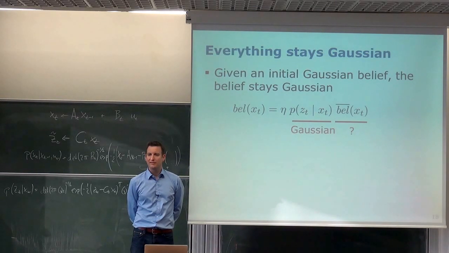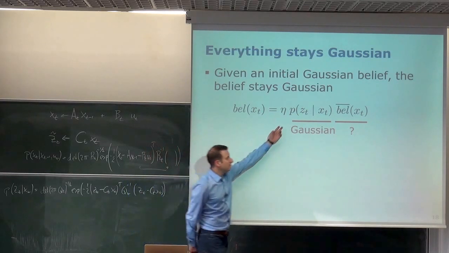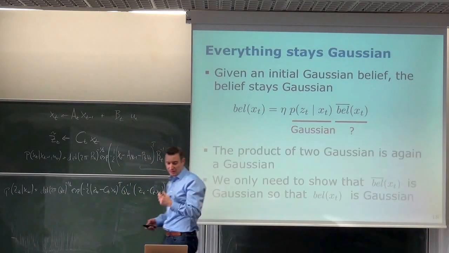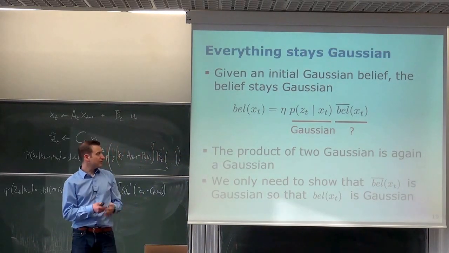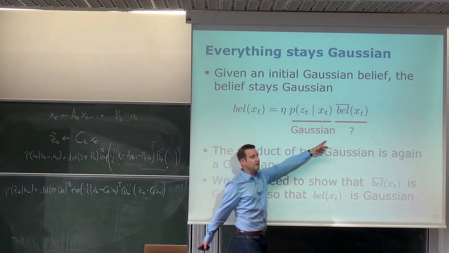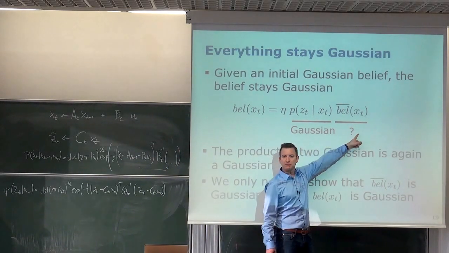Why? The product of two Gaussians stays a Gaussian. Right? So you can take the product of two Gaussian distributions and it will stay Gaussian. So the main thing we have to show is whether this guy is really a Gaussian distribution.